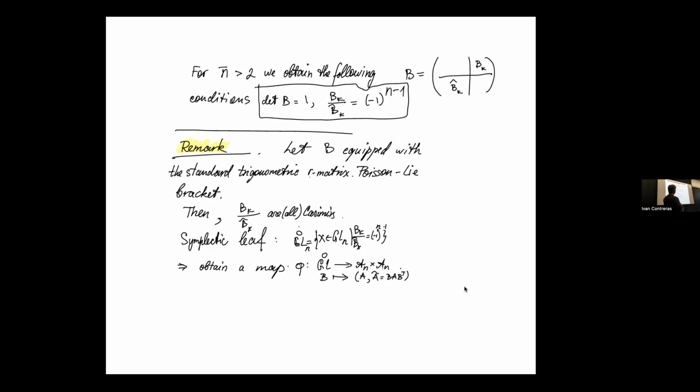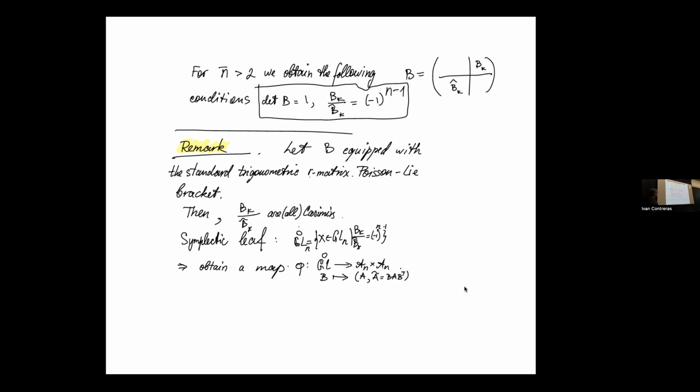In general, if we think about B in block form, where BK is the K by K block and BK hat is the N minus K by N minus K block, then the condition is that first the determinant of B is equal to 1, and then this ratio should be equal to -1 to the power N minus 1, where N is the size of the matrix.